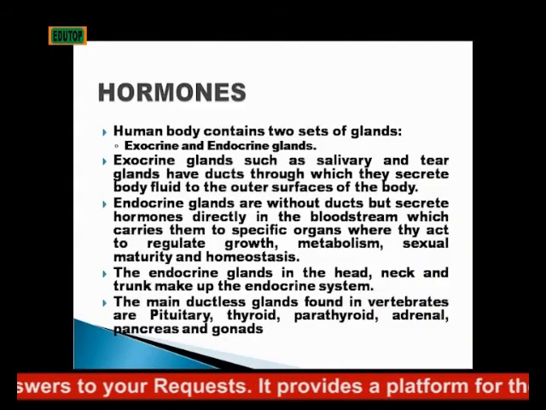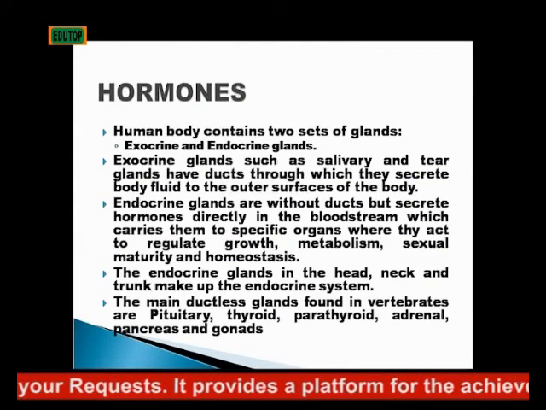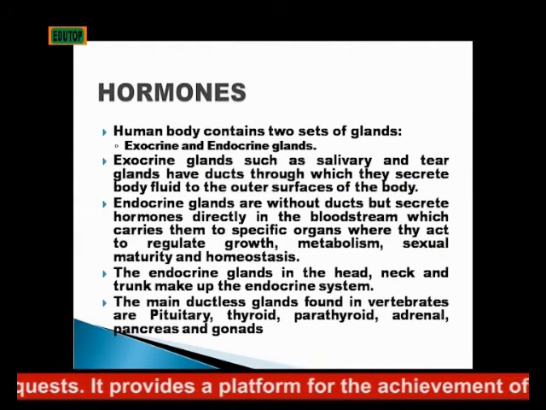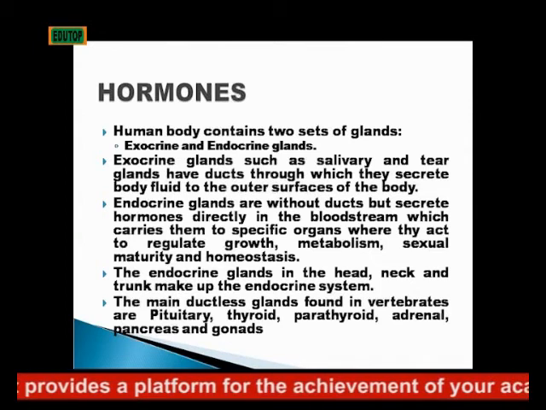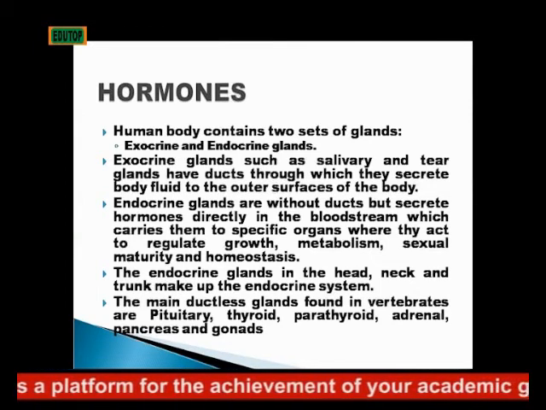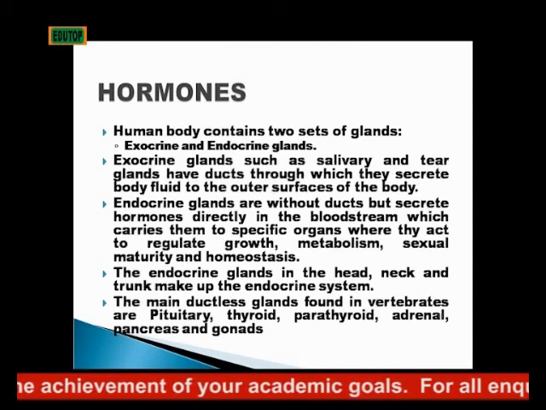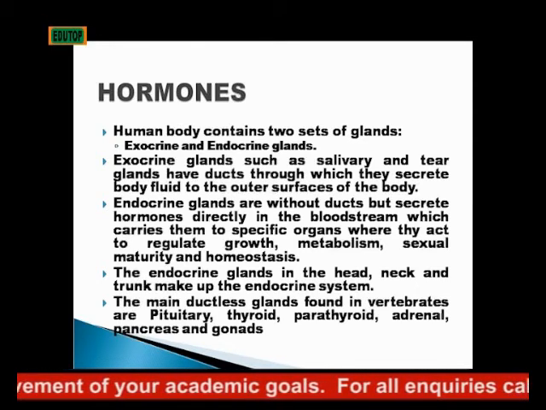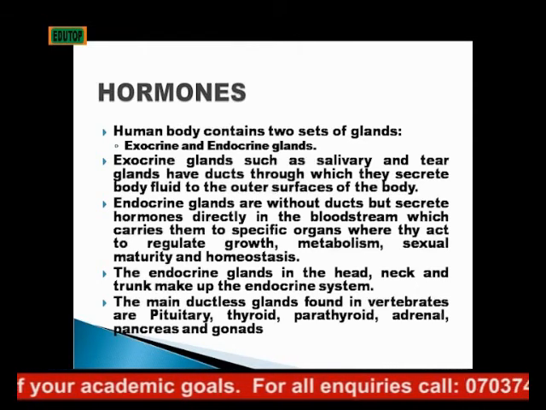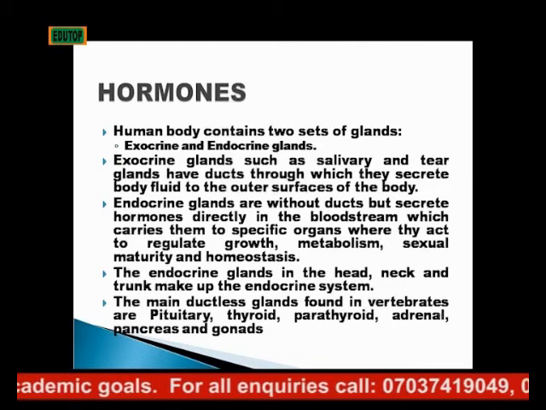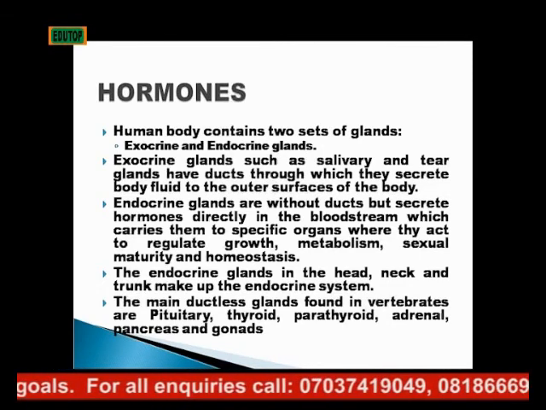The human body consists of two sets of glands. We have the exocrine and the endocrine gland. The exocrine glands include the salivary gland and the tear gland, through which they excrete body fluid to the outer surface, so their effects could be seen physically.